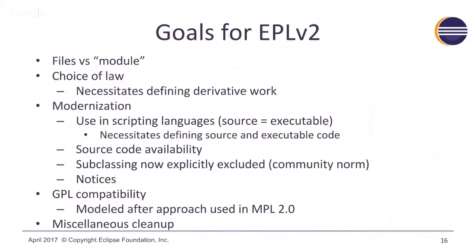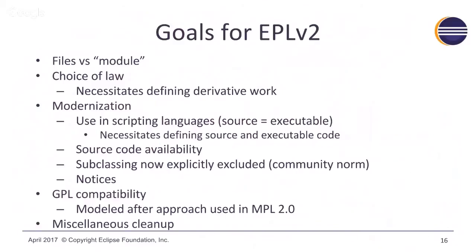Choice of law is something we've run into numerous times. The EPL version 1 says that the choice of law is New York State, and this has come up a number of times over the years, especially with the number of companies and projects that we have in Europe.